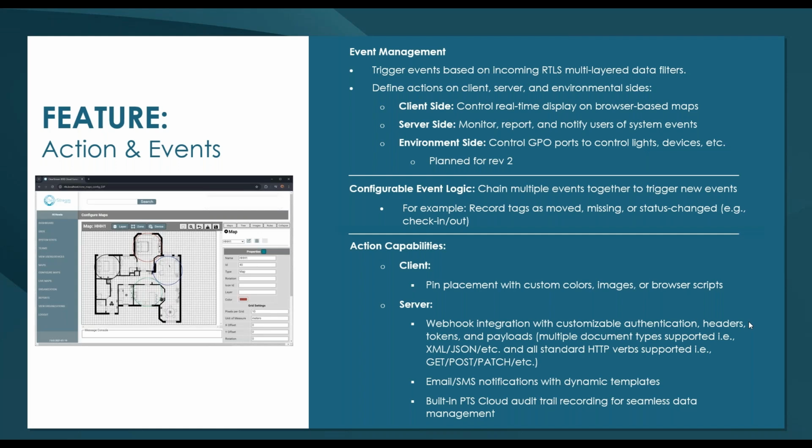And with that event management, one of the things we did want to do too is allow the idea of a workflow. We're calling it chainable events or cascading events. In other systems, it's called a workflow, but basically what it means is event 1 and event 2 might be firing, and if they fire in a certain definable sequence or in a certain period of time, they can actually fire an additional event.